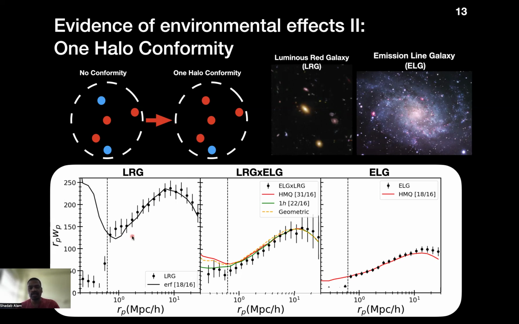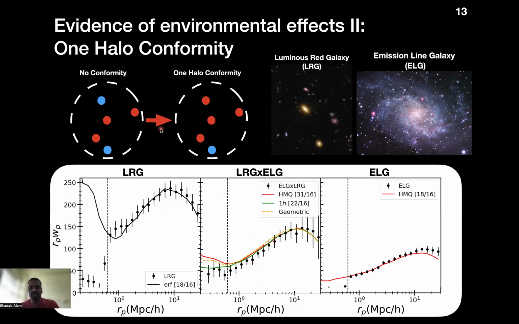So again, looking at the eBOSS data, if we look at galaxy clustering, something like the two-point correlation function for luminous red galaxy autocorrelation, emission line galaxy autocorrelation, and their cross-correlation, what you find is that if you do not put in any kind of conformity, then your model, shown in the red line, overpredicts the cross-correlation at scales of a few megaparsec.